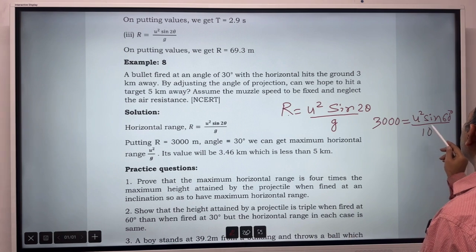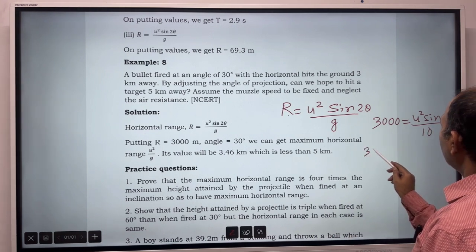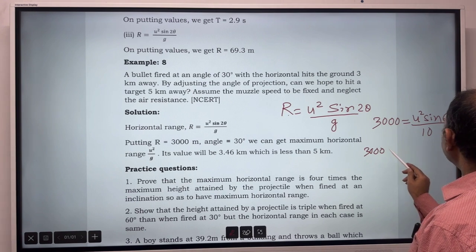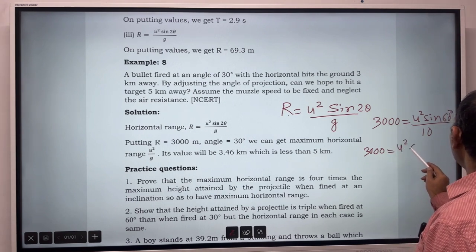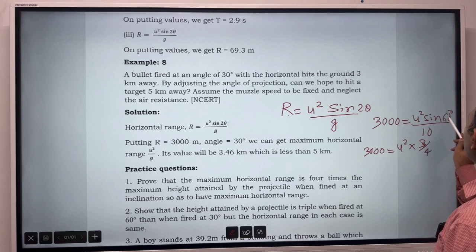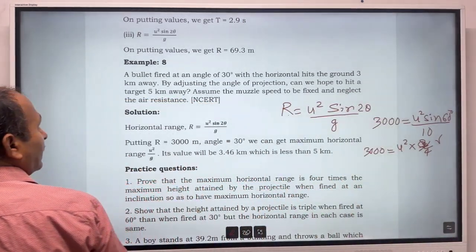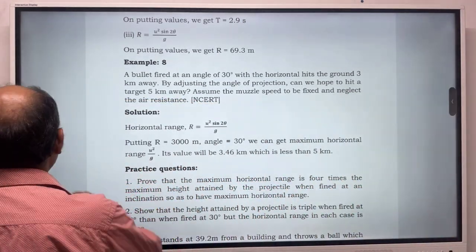You can take g as 10. Sine 60 is root 3 by 2. I'm rewriting because it will create a little confusion.